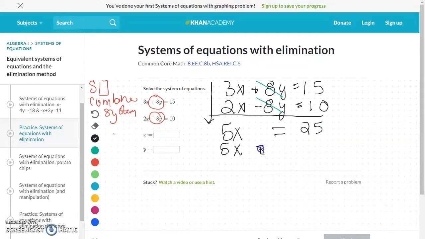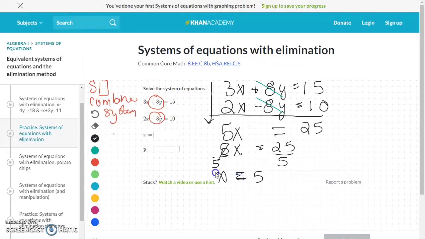So now we have a one-step equation, 5x equals 25. You're going to divide both sides by 5 to obtain the value of x. In this system, x is equal to positive 5.